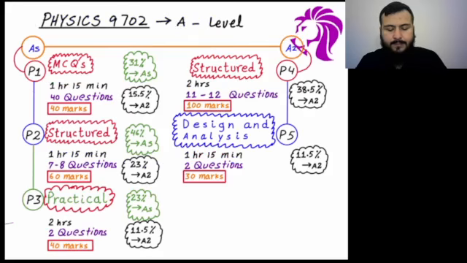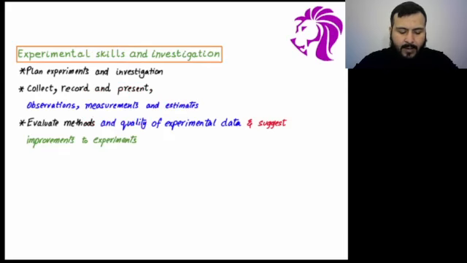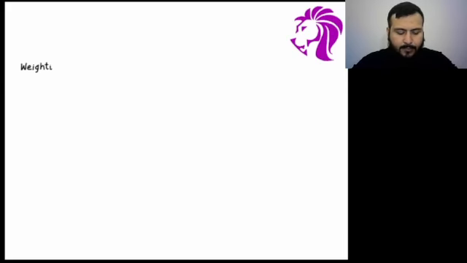Number 1 is knowledge and understanding. Number 2 is handling, applying and evaluating information. And number 3 is experimental skills and investigation. Right? Okay. Having done that, now let's move on.